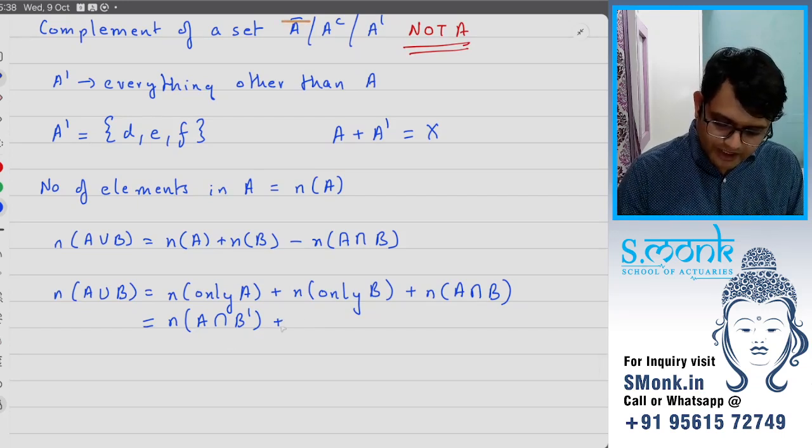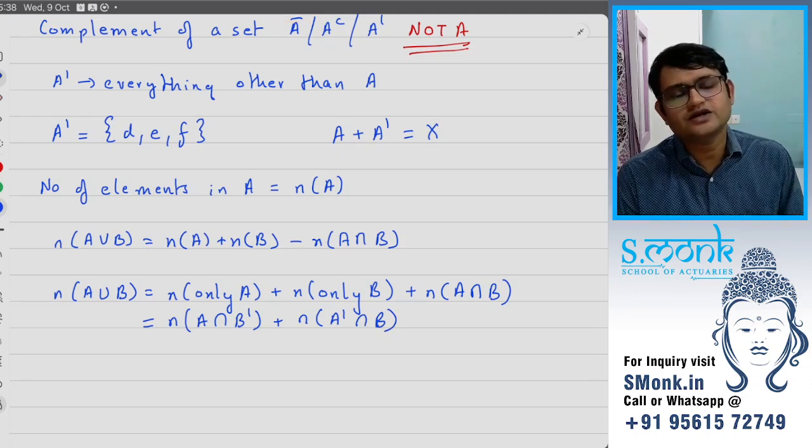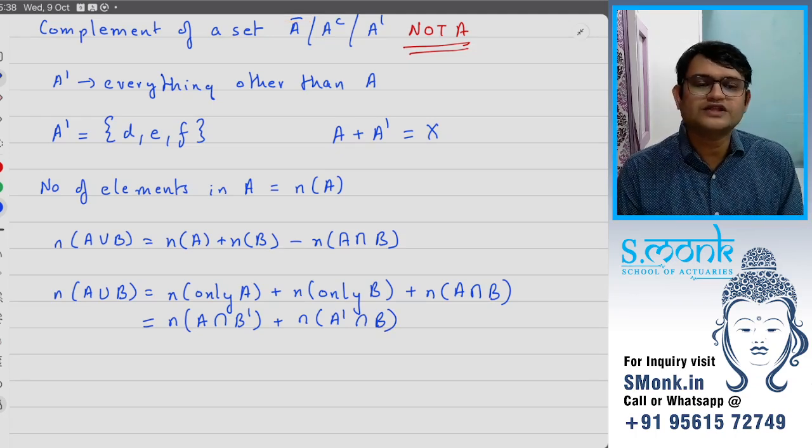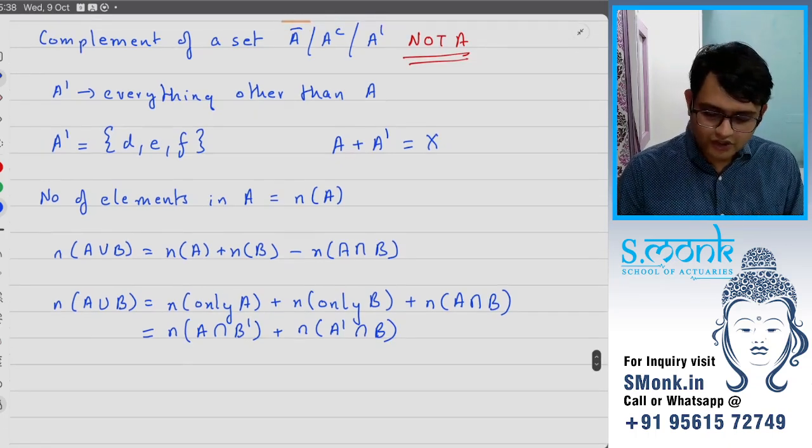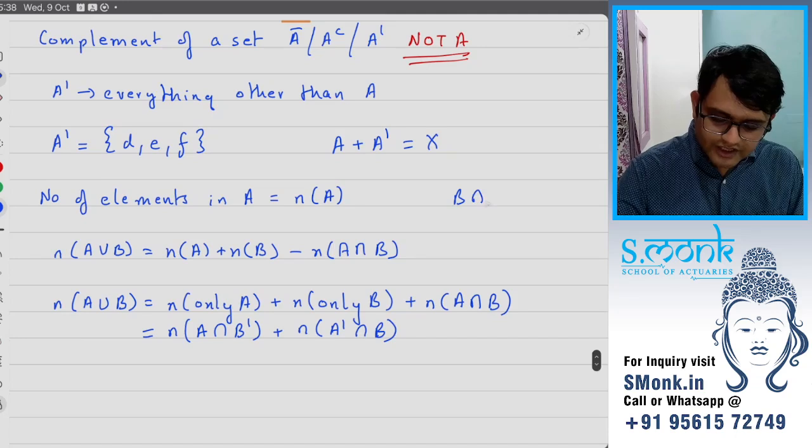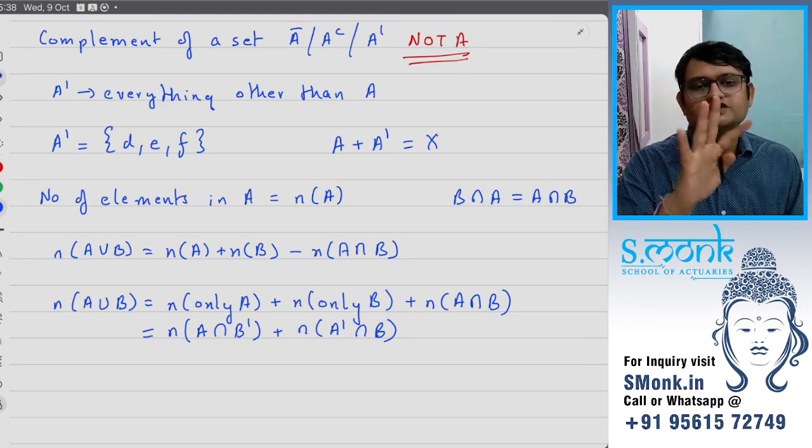Similarly, only B can be written as not A but B. I prefer to write sets in one single order, alphabetical order. You can always write B intersection A, that is the same as A intersection B. The order of the sets will not matter.